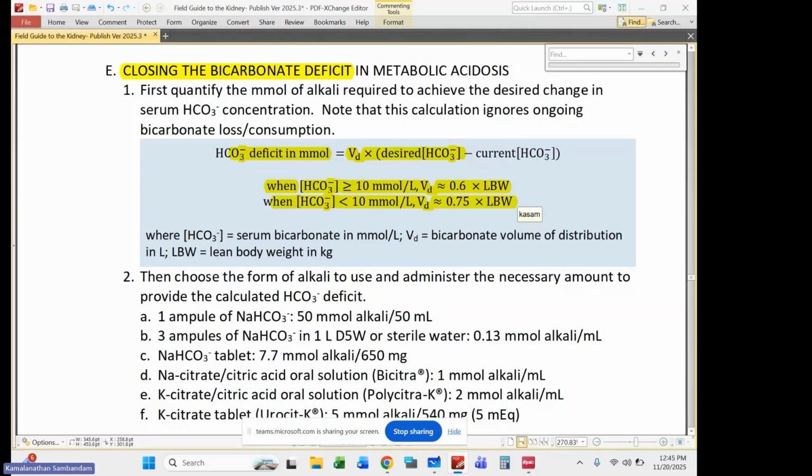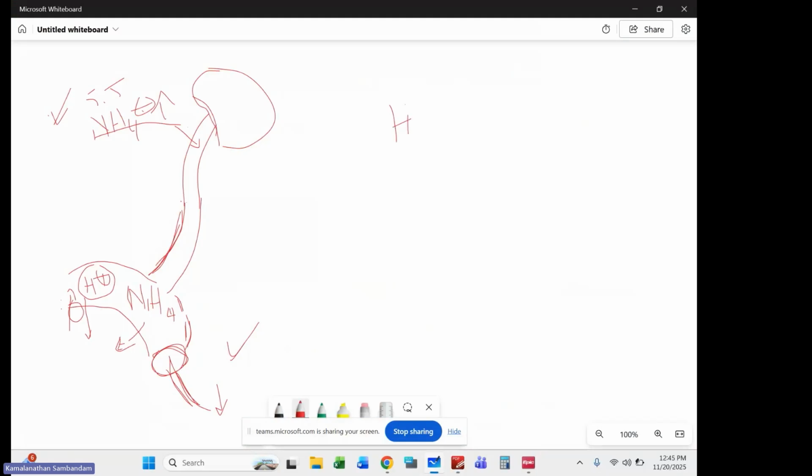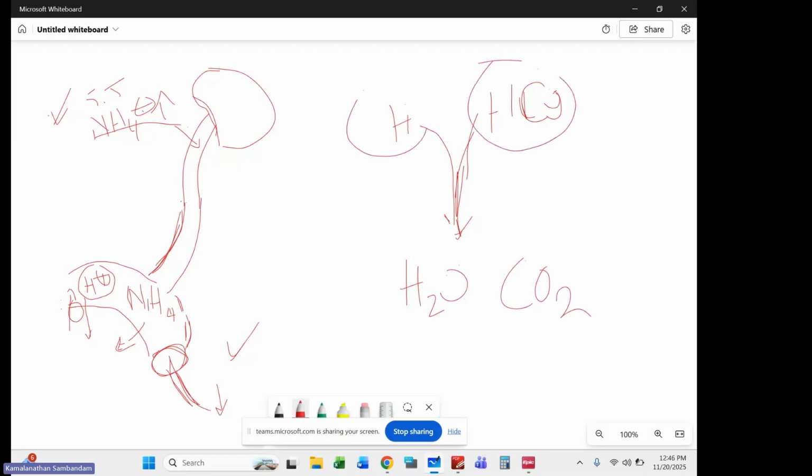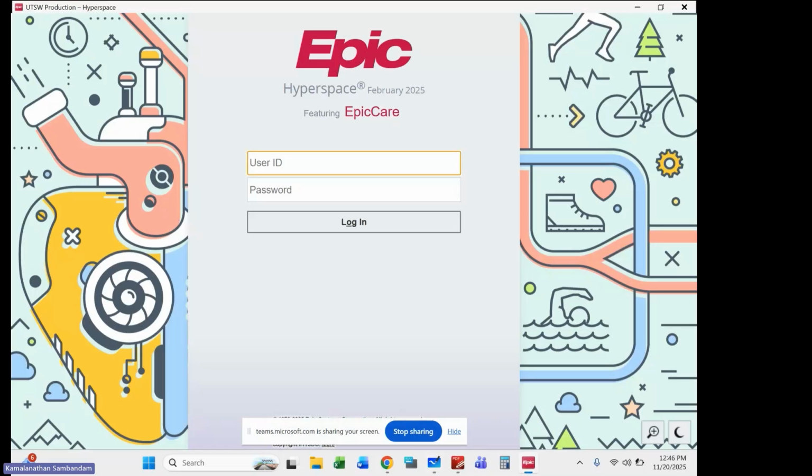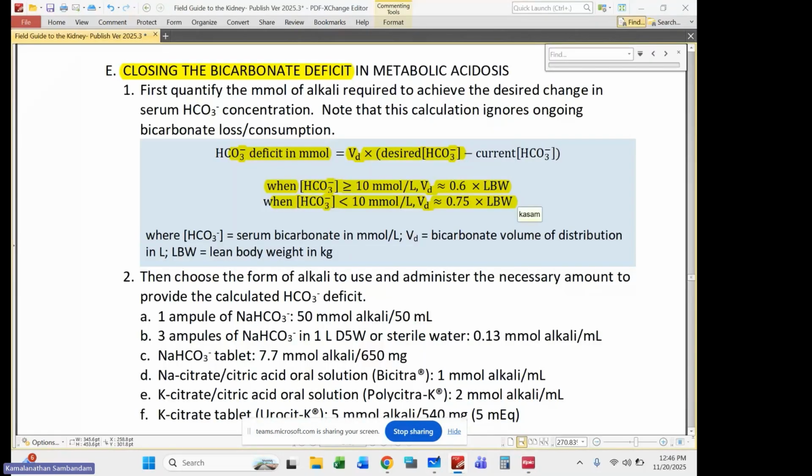When you're severely acidemic and you give them bicarbonate, some of that bicarbonate essentially just vanishes literally into thin air, right? When you give bicarbonate and someone is acidemic, it goes into CO2 and water. So the bicarbonate does not augment when proton concentration is very high. It just blows off as CO2. So that's why the effective volume of distribution goes up when you're more acidotic.